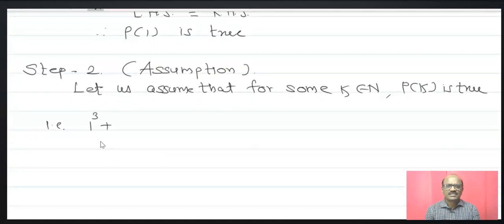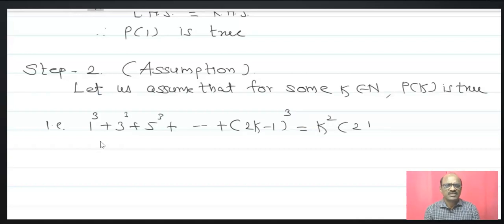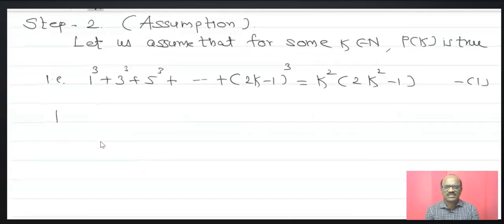That is 1 cube plus 3 cube plus 5 cube plus dash dash plus (2k minus 1) bracket cube is equal to, n is replaced by k here, k square in bracket (2k square minus 1). This is equation number 1, that is the step number 1. Equation 1 we treat here.